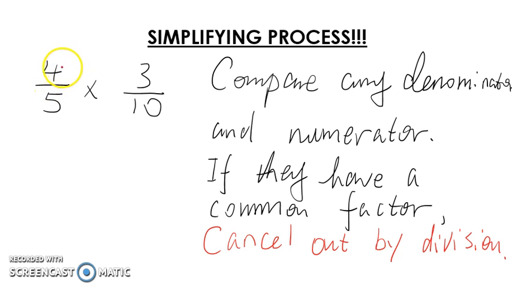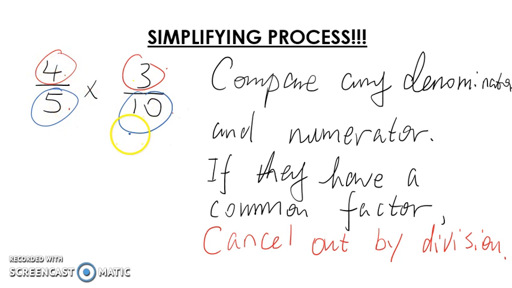So in this case, we have a 4, a 5, a 3, and a 10. Compare the numerators with denominators. So we compare 4 and 3 with 5 and 10. What do we find? 4 and 10. They're from opposite places, but they both have a factor of 2.